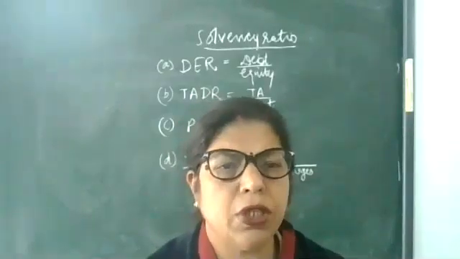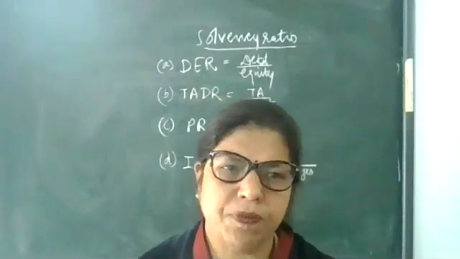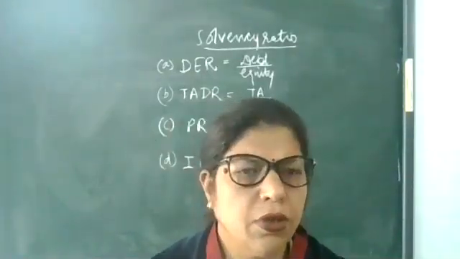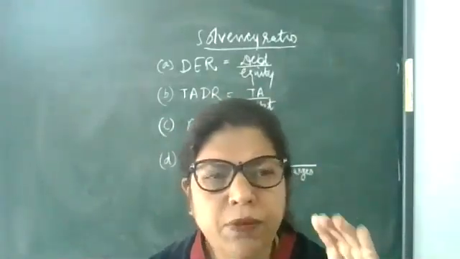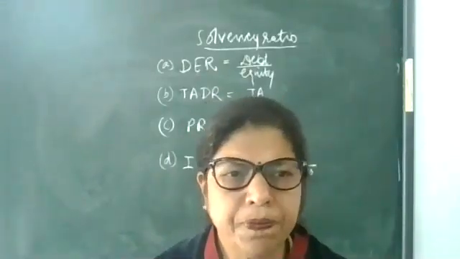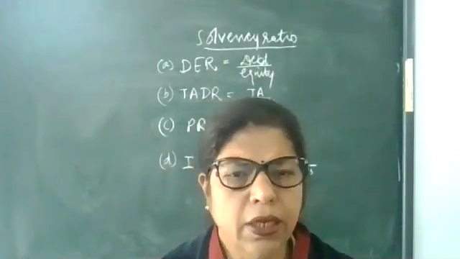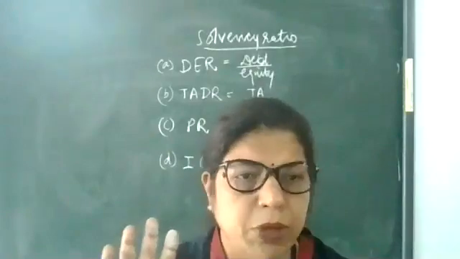But be careful, you have only these 4 in your course. So don't think I am teaching you less. I am teaching you the portion according to the CBSE syllabus. Okay, note down. Now, one by one, maybe that question will come in theory.